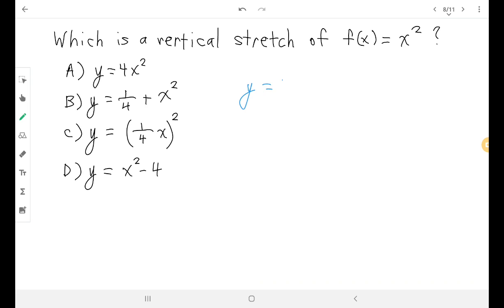So y equals 4x squared. This is multiplication. Now, is that multiplication grouped with x? Because that's going to be important. Well, there's an easy way to tell with these that it's not, and it's by looking at this one. In contrast, this multiplication is grouped with x, right?